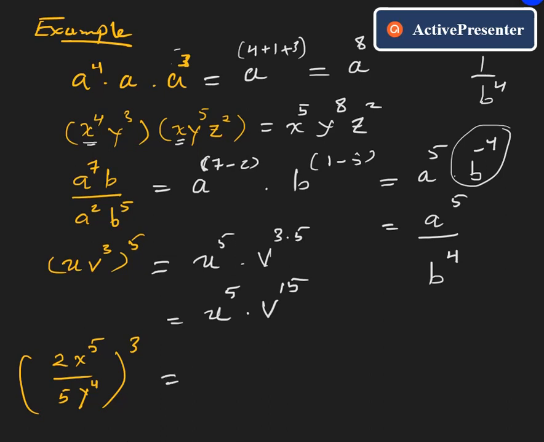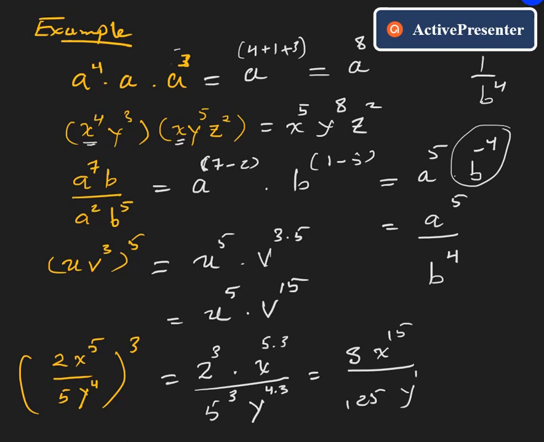We can say this 3 should be in here and in here, similarly it should be multiplied in here and also here, so the final answer will be 2 to the power 3 multiplied in x, 5 multiplied in 3, over 5 to the power 3 multiplied in y to the power 4 multiplied in 3, so this is equal to 8 multiplied in x to the power 15 over 125 multiplied in y to the power 12.